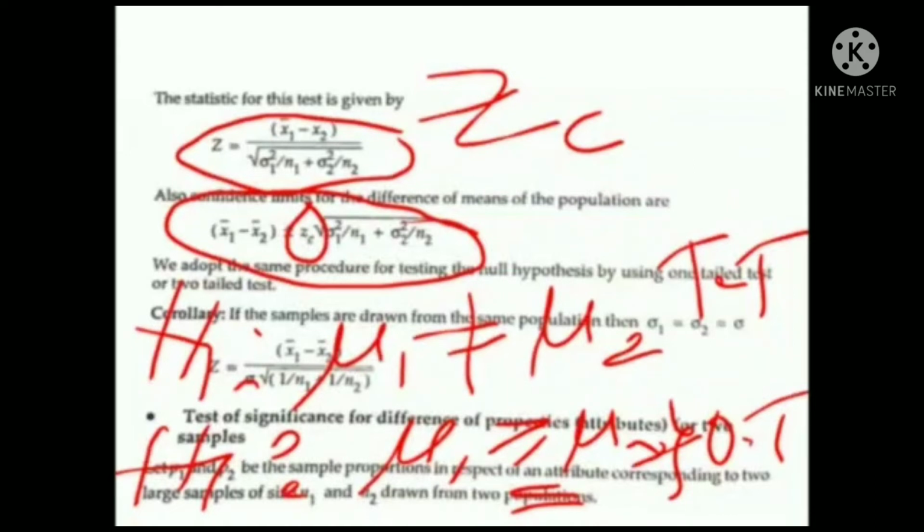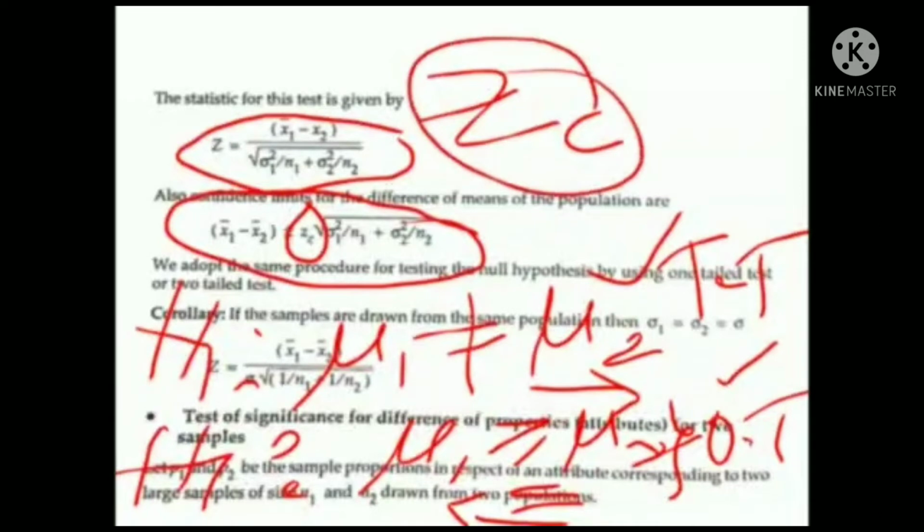If we are going with mu1 greater than mu2, then we focus on the right side of the normal curve. In the second case, we focus on the left side. So only one tail is focused on, hence it is a one-tailed test. Depending on whether the test is two-tailed or one-tailed, these ZC values can be selected.